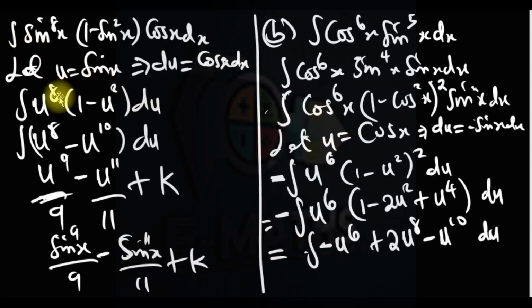But we say that u is cos x, therefore our answer is now minus cos x raised to the power 7 over 7 plus 2 cos x raised to the power 9 over 9 minus cos x raised to the power 11 over 11 plus k.